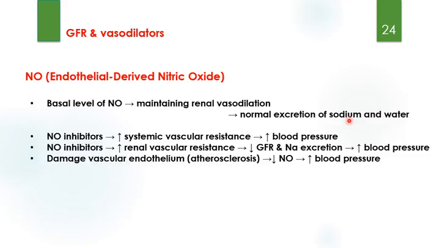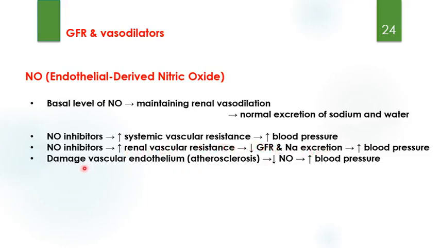Any factor that reduces the nitric oxide level in the body can increase blood pressure. For example, nitric oxide inhibitors will increase overall vascular resistance and/or renal vascular resistance, which reduces GFR and sodium excretion.